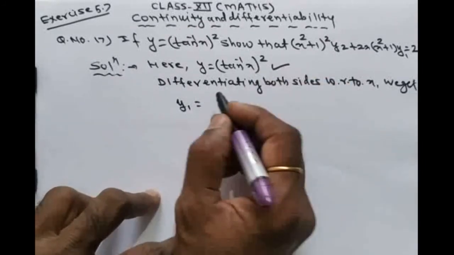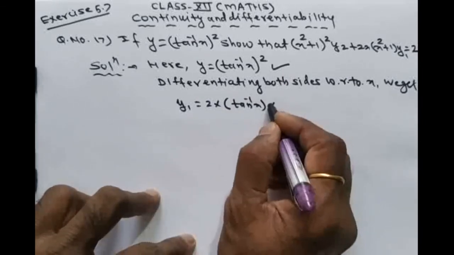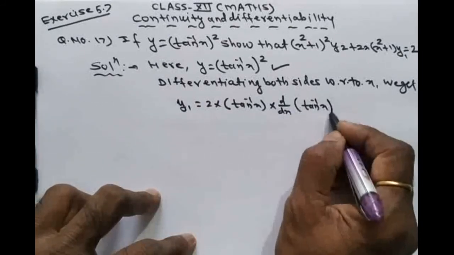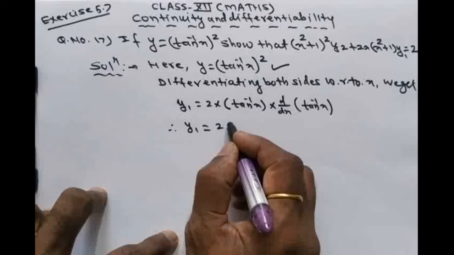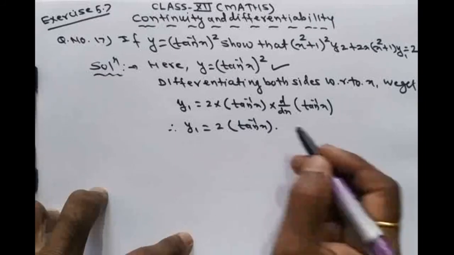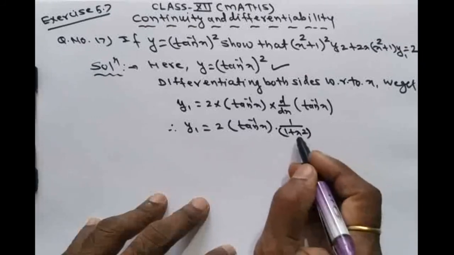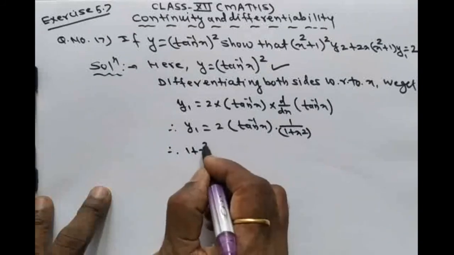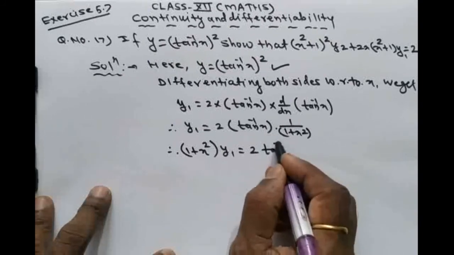Derivative of (tan inverse x) whole square is 2 into tan inverse x into derivative of tan inverse x by using chain rule. Therefore y1 equals 2 into tan inverse x into 1 upon 1 plus x². So you take this to left hand side, therefore (1 plus x²) into y1 equals 2 into tan inverse x.